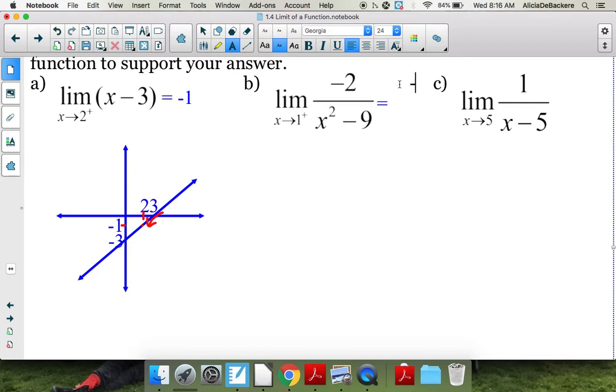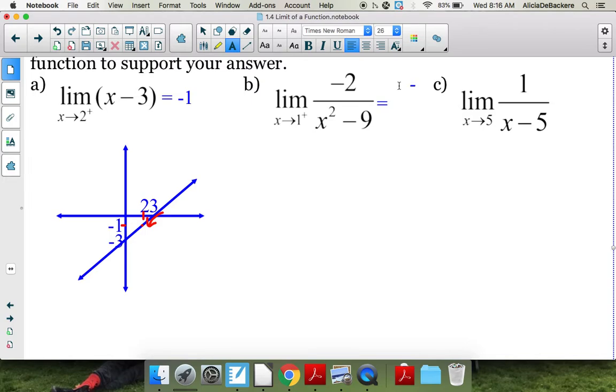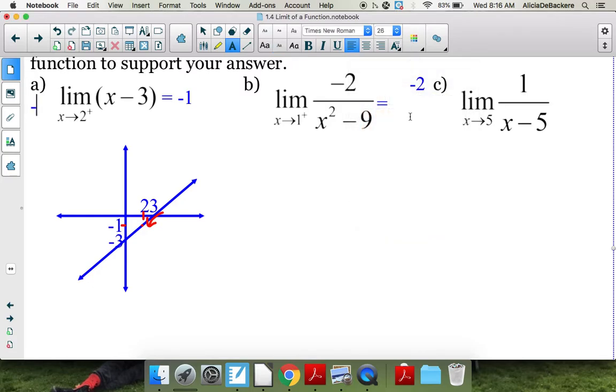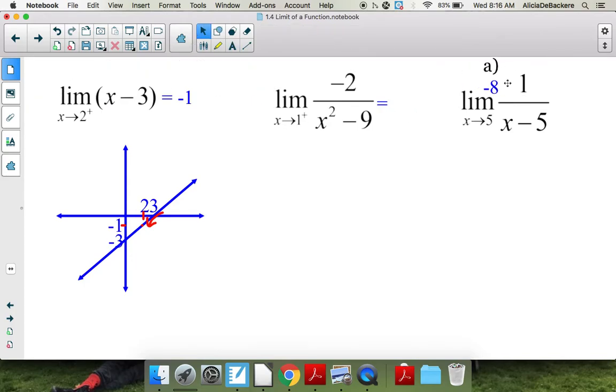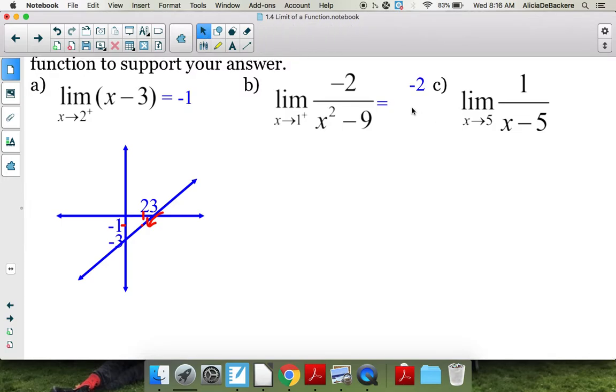negative 2 over, and when I plug 1 into the bottom, 1 squared minus 9 is negative 8. Sorry guys, fighting a little bit with the computer here.